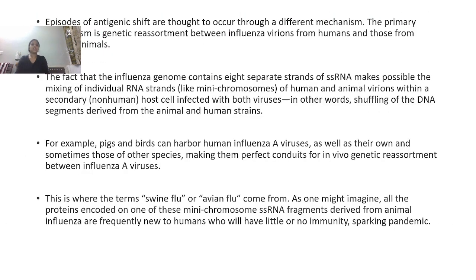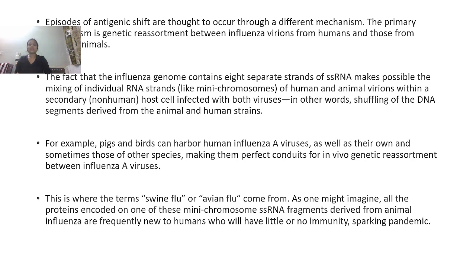Episodes of antigenic shift are thought to occur through a different mechanism. The primary mechanism, as I already told, is genetic reassortment between influenza viruses from humans and those from various animals. And the fact that the influenza genome contains 8 separate strands of ssRNA makes possible the mixing of these various strands of human and animal.